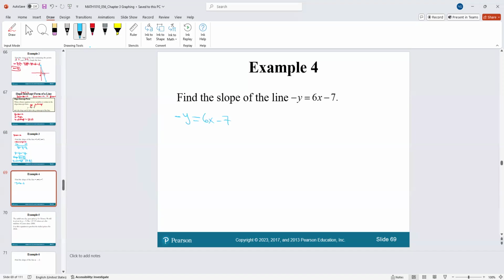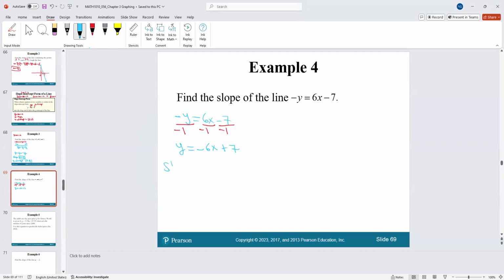So I'm going to divide everything by negative 1. Or I could multiply also. So I end up with positive y. One negative, one positive gives you a negative 6x. Two negatives give you positive 7.